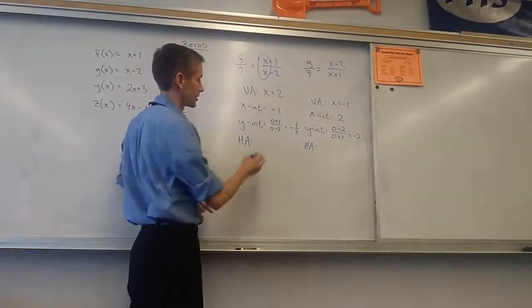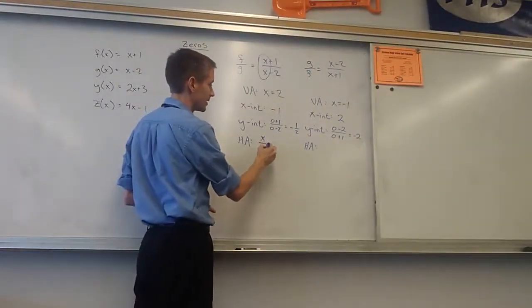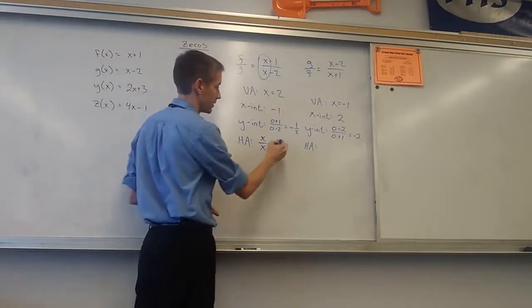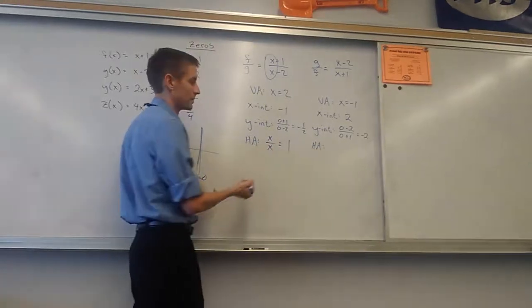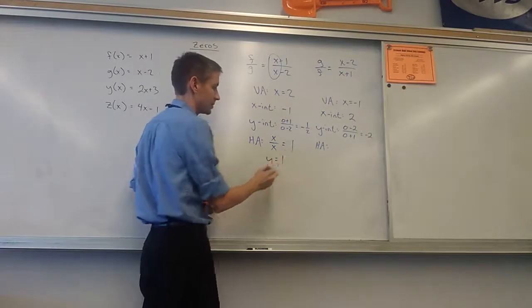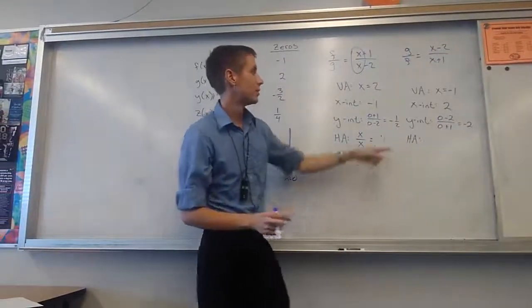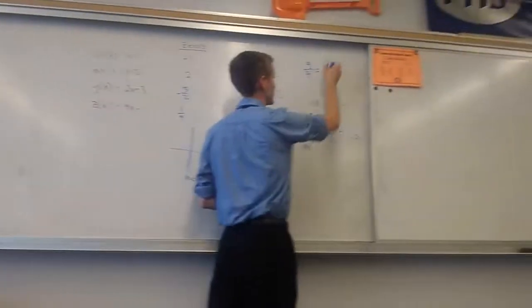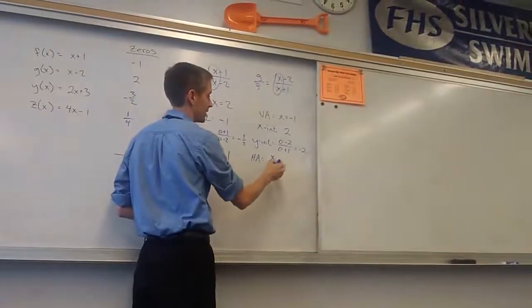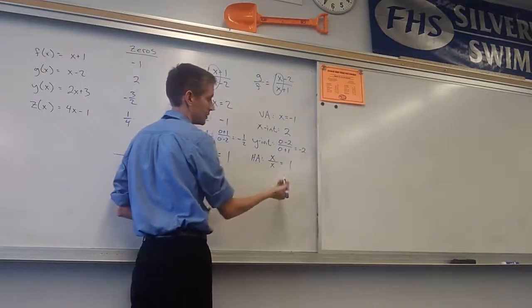If I were to divide x by x, I end up getting a positive 1. That tells me that my horizontal asymptote is at y equals 1. Or over here, I have those same values of x over x. If I divide those out, I end up getting 1, so my horizontal asymptote is at y equals 1.